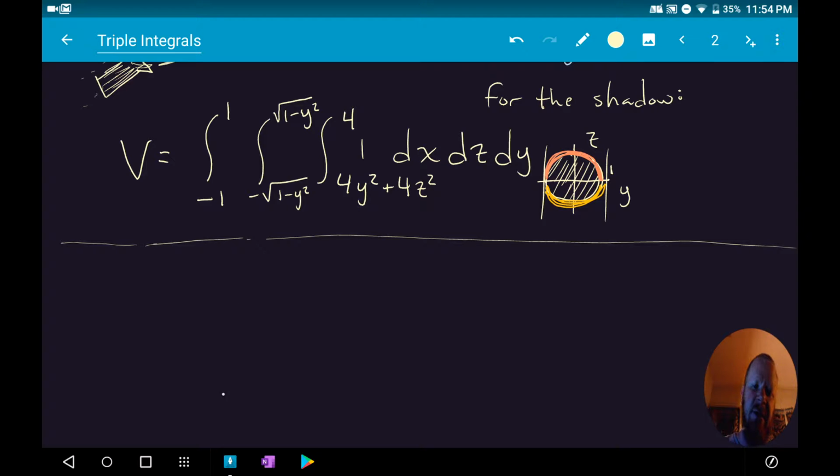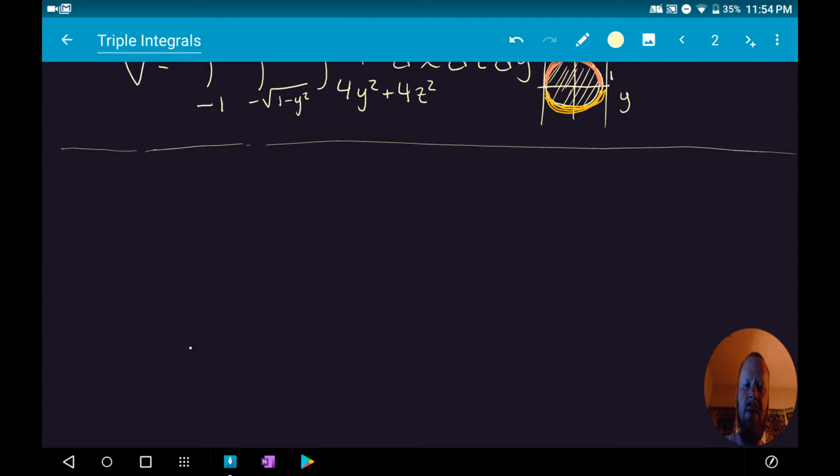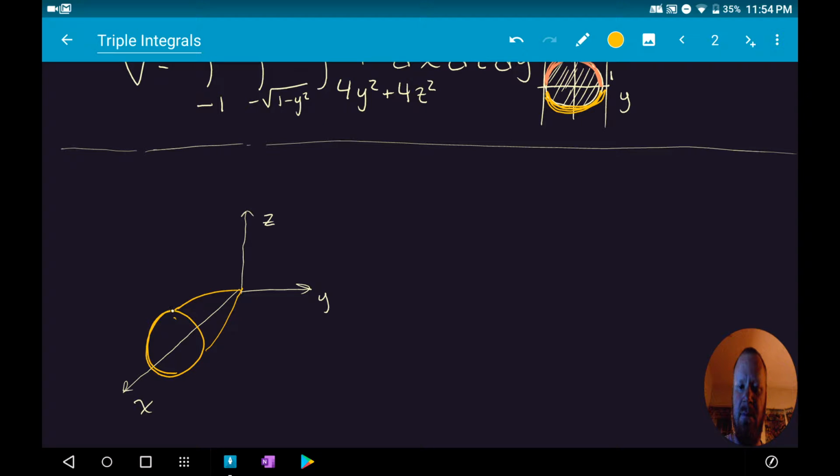I'm going to draw that same object in just a moment, and then we'll integrate it in a different order. So that same object, you get the idea.